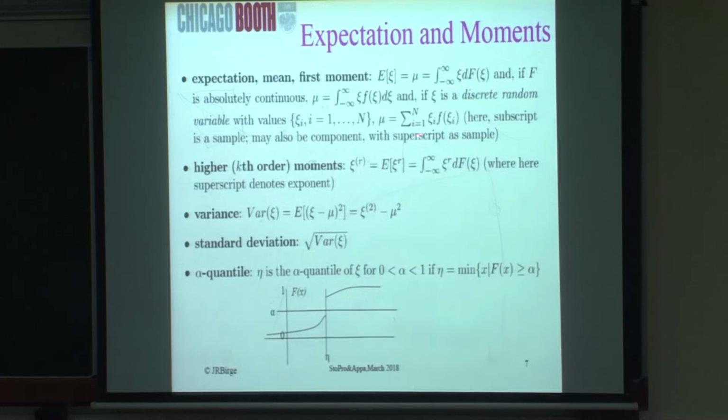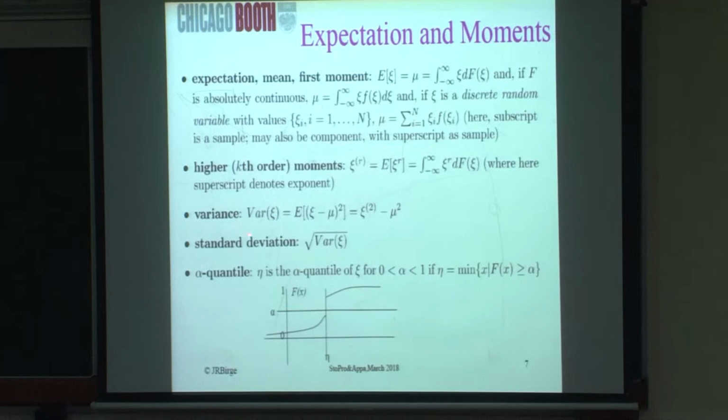So that's the most important of all the expectations. Now the higher moments: I can take the power of c and then take the expectation of each of the powers. That gives me these different moments of different orders.